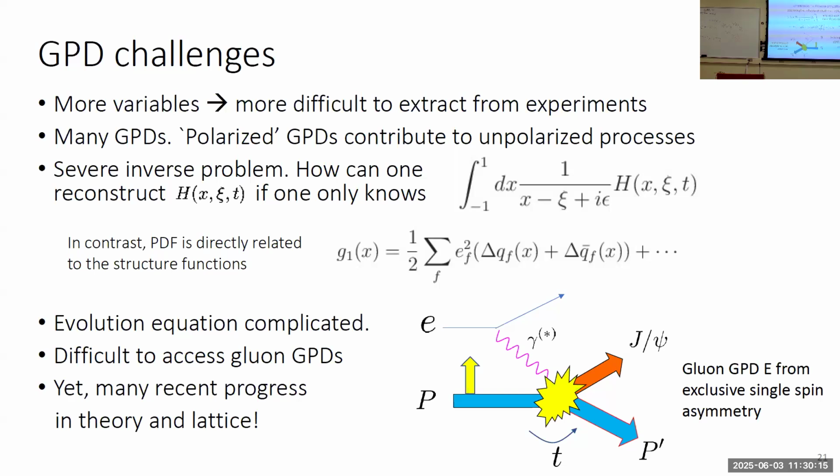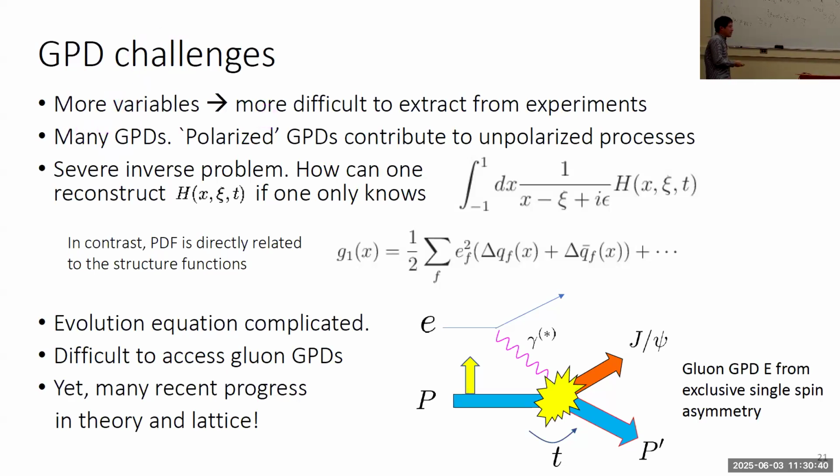First of all, there are more variables. For PDF, you just have x, right? But for GPD, you have this skewness eta, and also this momentum transfer t. If you want to extract functions with more variables, that's more difficult. And also, there are more GPDs.